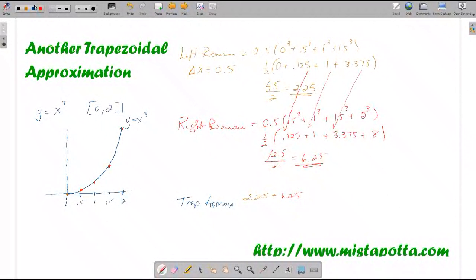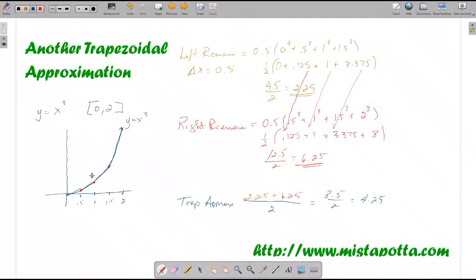And I want to divide this by 2. So I end up with 8.5 divided by 2, which is 4.25. And of course, this approximation, since it's covering the trapezoid, I'm basically playing connect the dots here, ends up being a really good approximation.